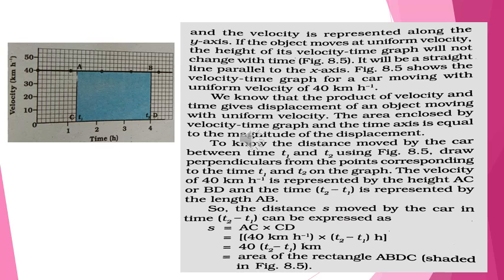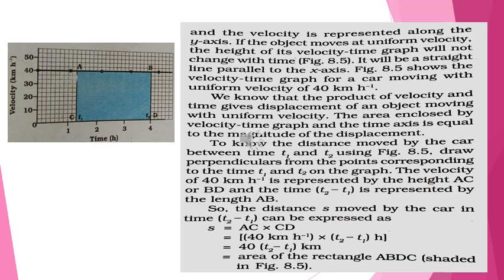To know the distance moved by the car between the times t1 and t2 using the figure, we have to draw perpendiculars from the points corresponding to the times t1 and t2 on the graph. Let us take two times t1 and t2.